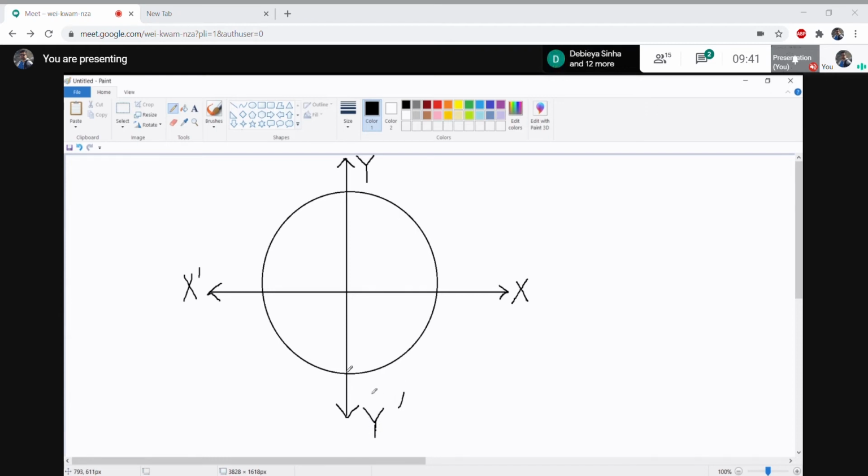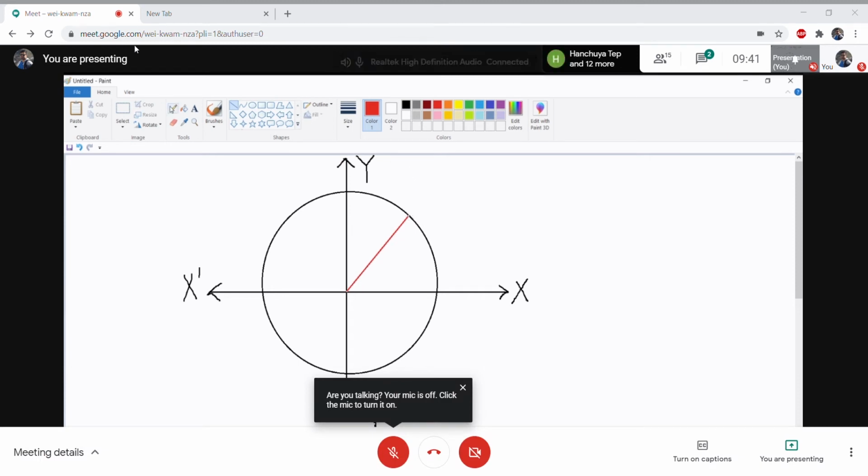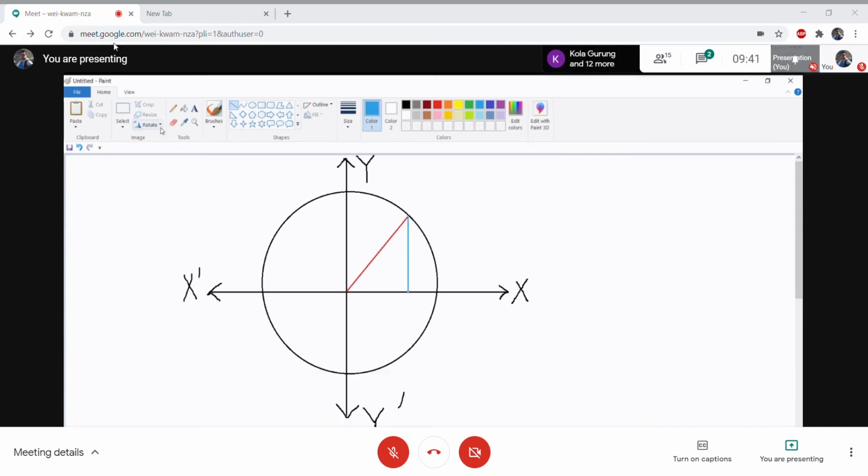So if you remember the triangle we took of 1 centimeter, and then we tried to draw a perpendicular from this, remember? And this angle we took, this angle theta.